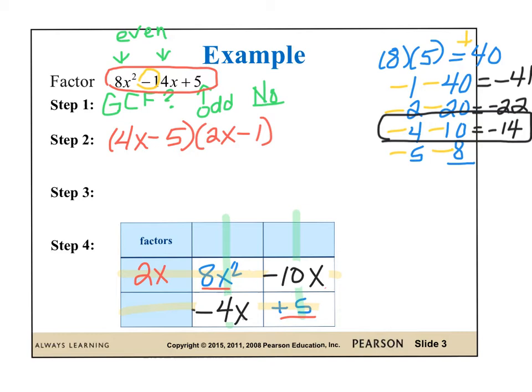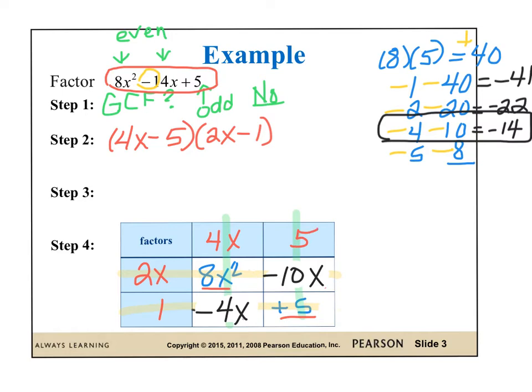In our second row, negative 4x and positive 5 only have one factor in common, and that's 1. We refer to that as relatively prime. 8x squared and 4x have a greatest common factor of 4x, and negative 10x and 5 have a greatest common factor of 5.